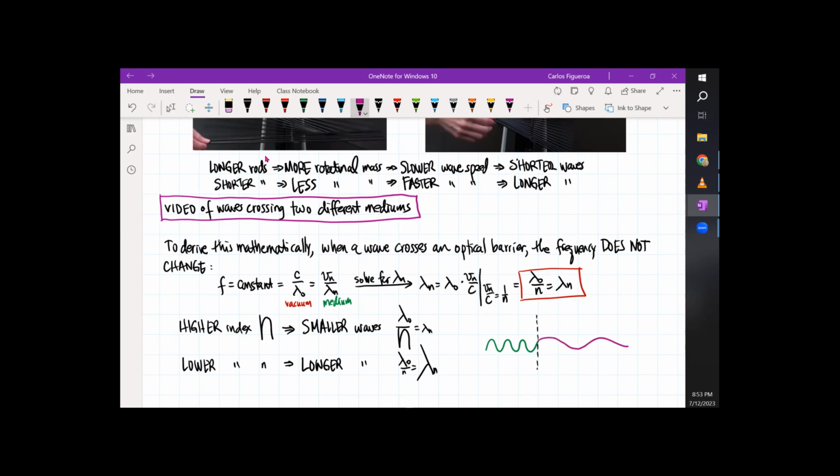In this case, this is N2, and this index is N1. And you could see here that N1 is larger, but the wavelengths in this situation are small. In this situation, they're much longer.